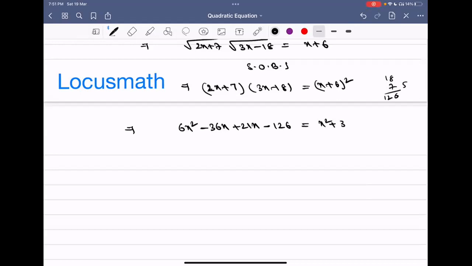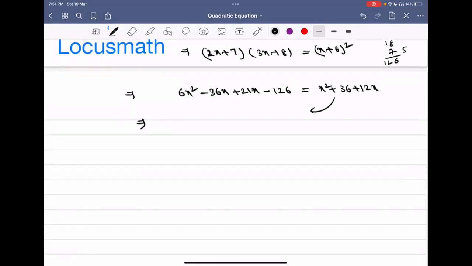is equal to x square plus 36 plus 12x. So this implies, now you take out this total thing to this side: 6x square minus x square, that is 5x square. So here minus 36x, 21x. Minus 36, 21 is what? 15, minus 15.